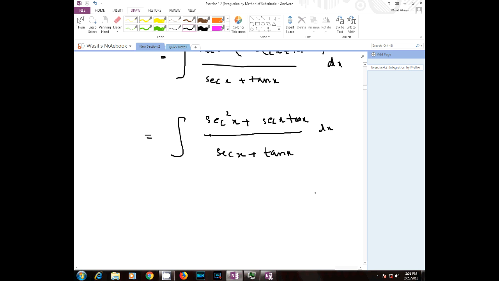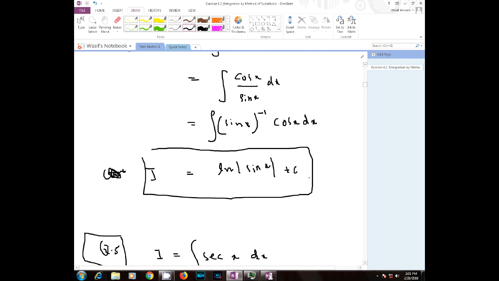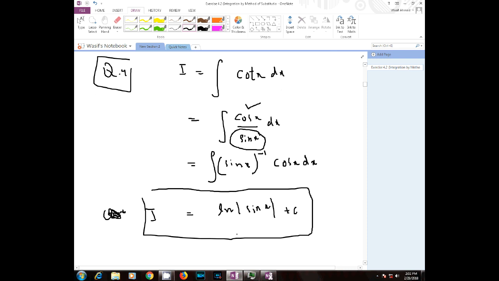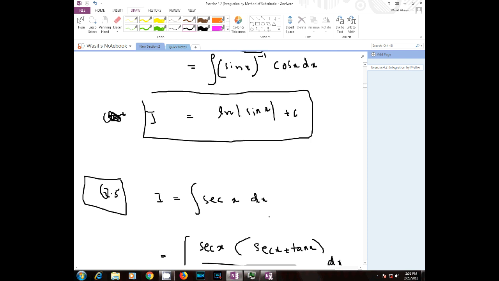Now you can watch that the derivative of the denominator is given in the numerator, very similar to the previous question. For example, the derivative, that is cos x, of the denominator was given in the numerator. Therefore we have just written the natural log of the denominator.